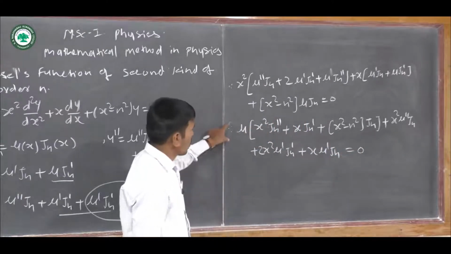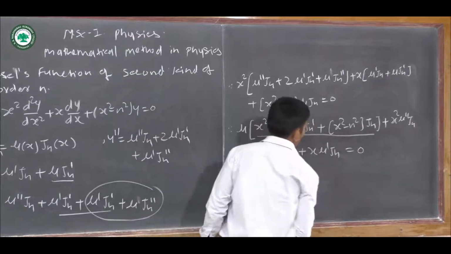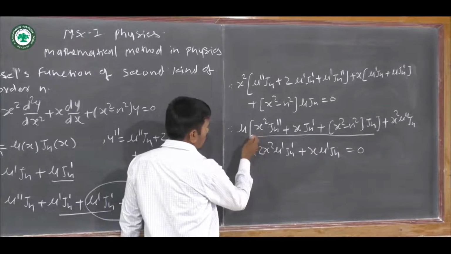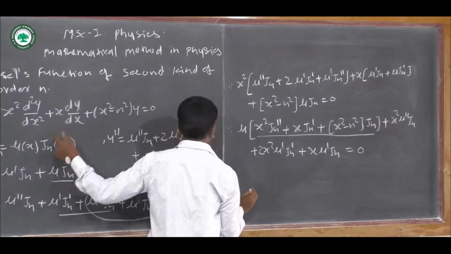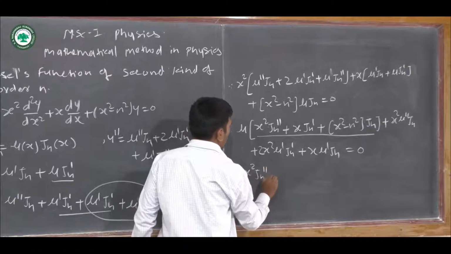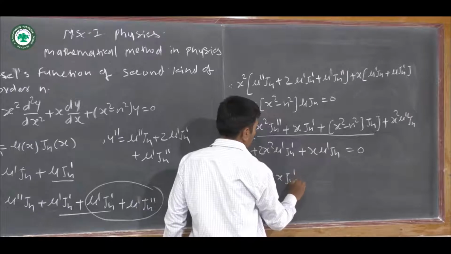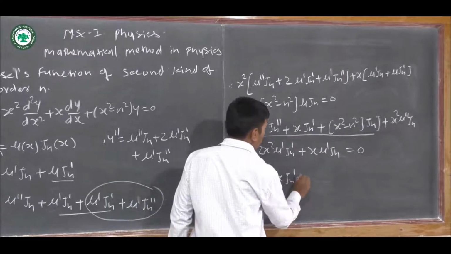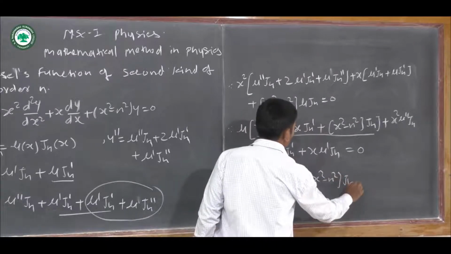This is the expression we have now. If we compare this with the Bessel differential equation, it is the same, and we know Jn is the solution of the Bessel differential equation, so x square Jn double prime plus x Jn prime plus (x square minus n square) into Jn is equal to 0.